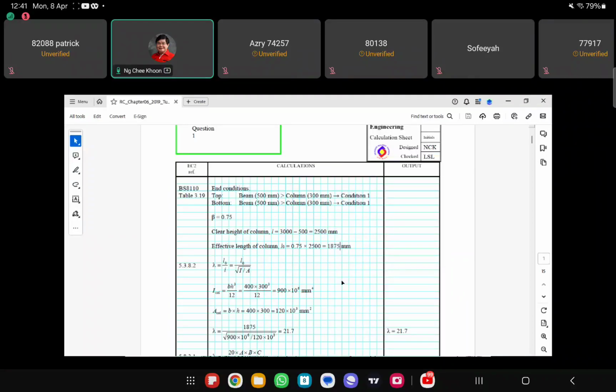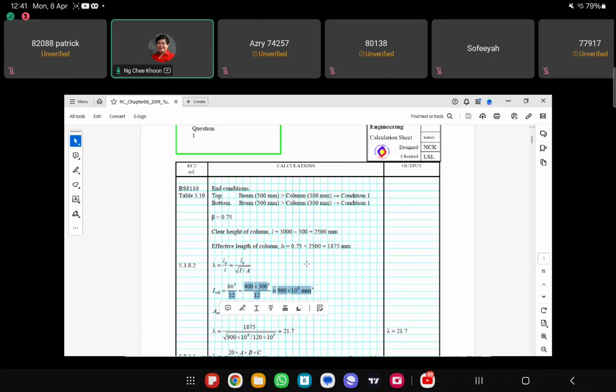1,875 mm, right? So lambda y is the effective length of the column over the radius of gyration. So this one, LOY, we have already calculated from here. And then for the IYY, this one is IYY, right?